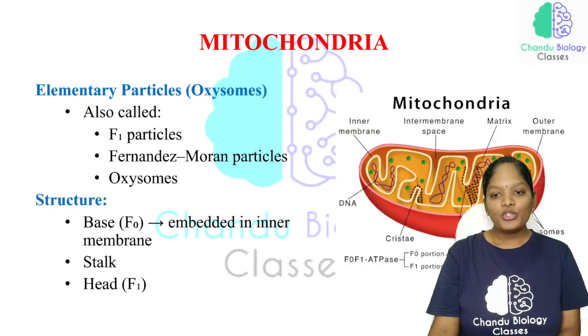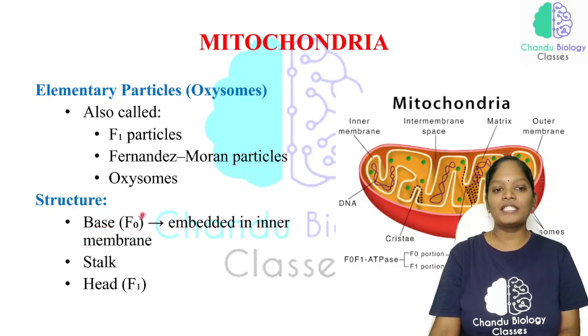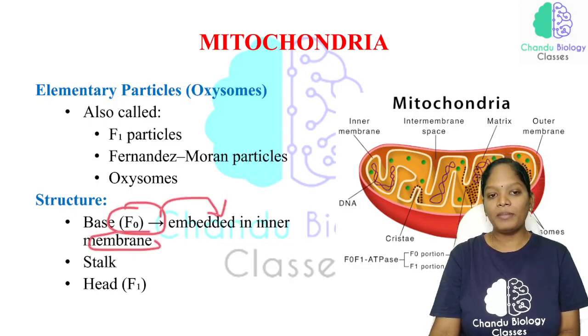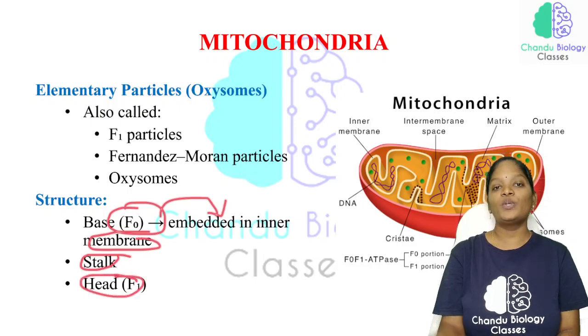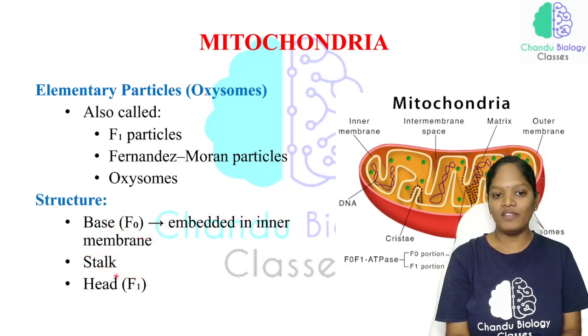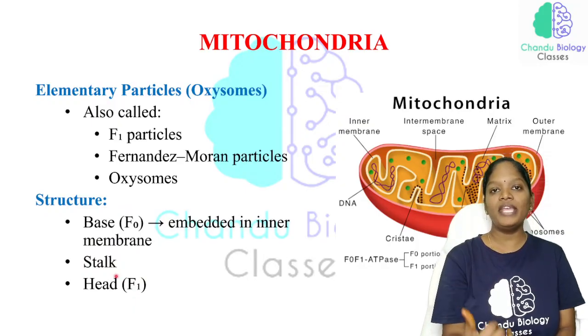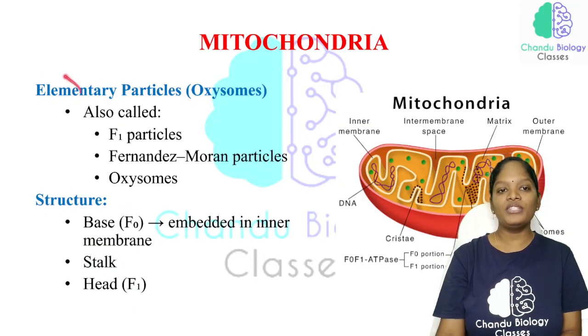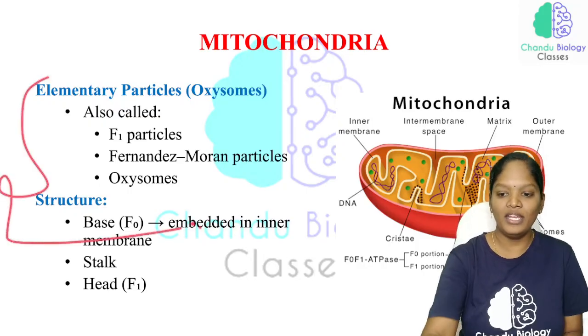The base portion is called the F0 portion, which will be embedded in the inner membrane. There is a stalk region and a head region. The head region is called the F1 portion, and the base region is called the F0 portion. So this is the structure of the oxysome, right?